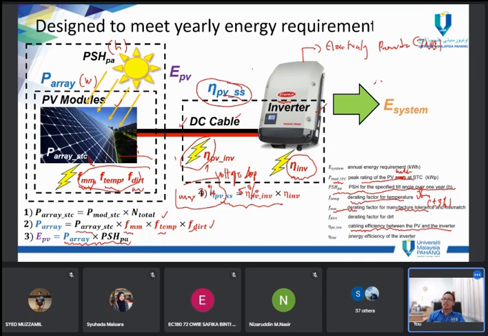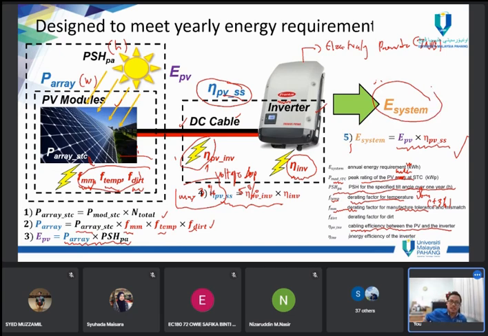Energy system. So what is E system exactly? E system is E PV multiplied with the inverter efficiency multiplied with the cabling efficiency. So this is the final output, the E system.